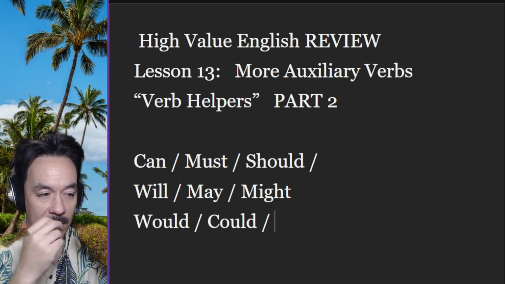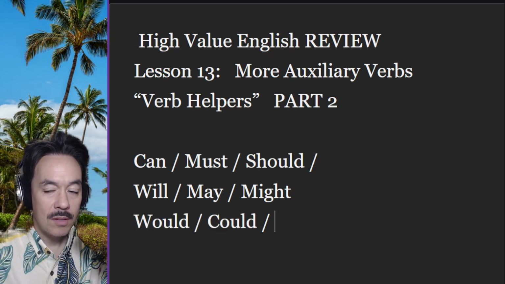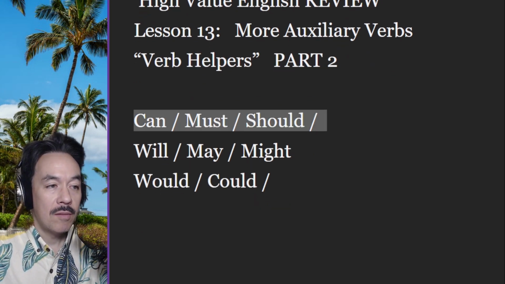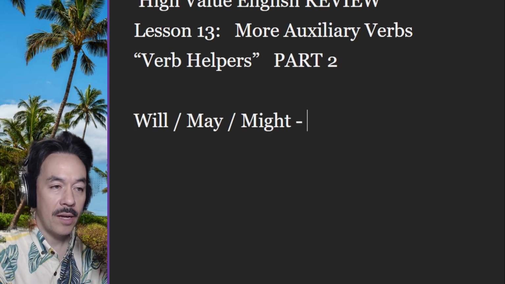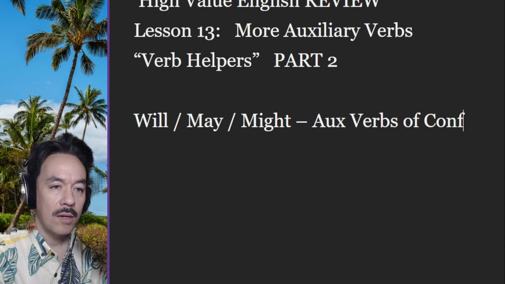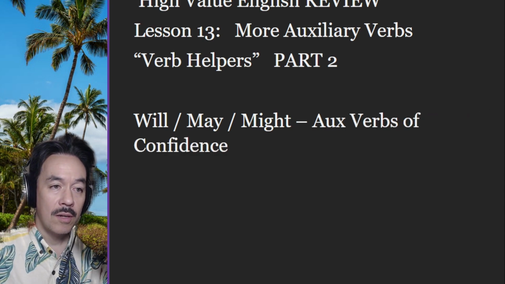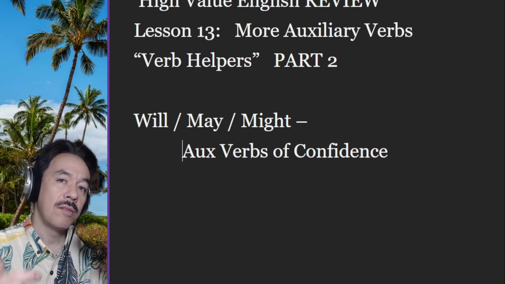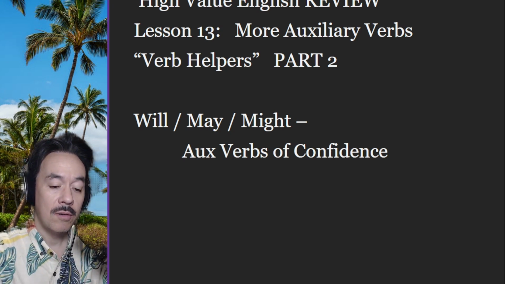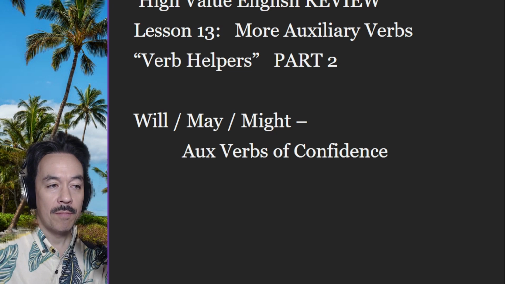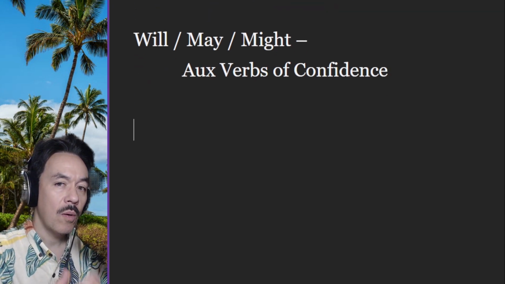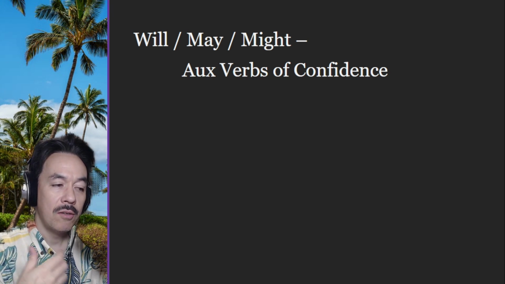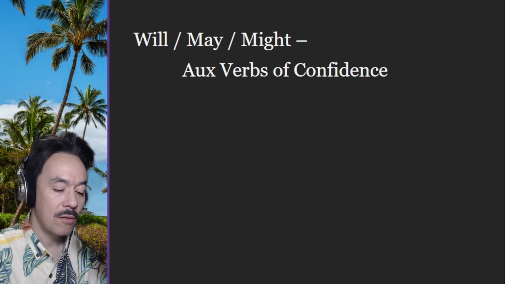But anyway, this time are these 3: will, may, and might, and I call them auxiliary verbs of confidence. And again, there's a longer lesson in the description if you want to see it. But basically, the short version is that these words communicate how much you believe something.